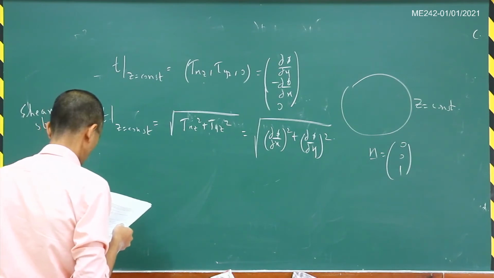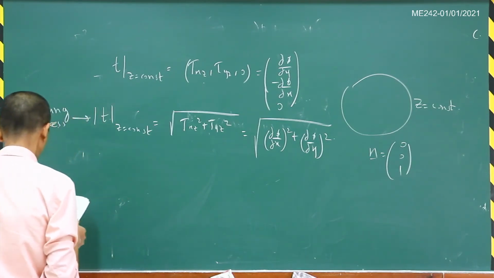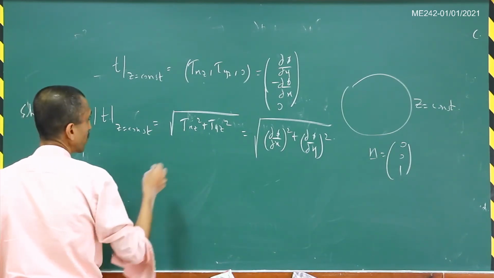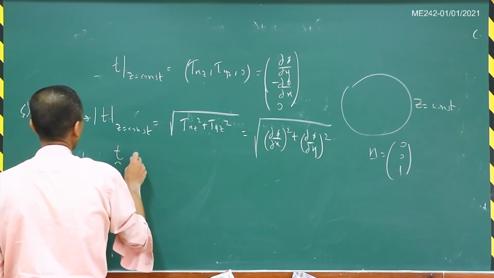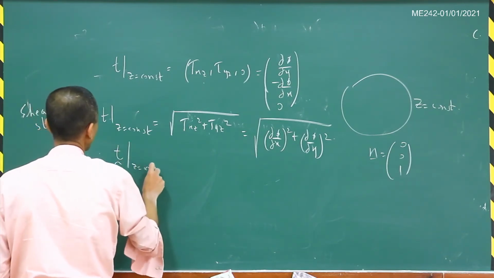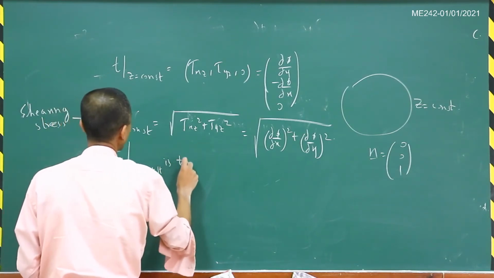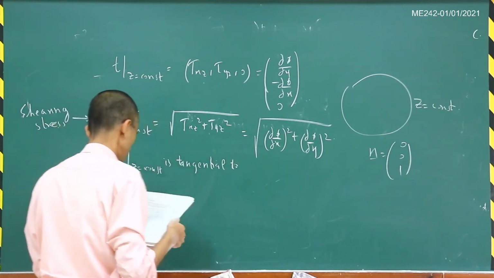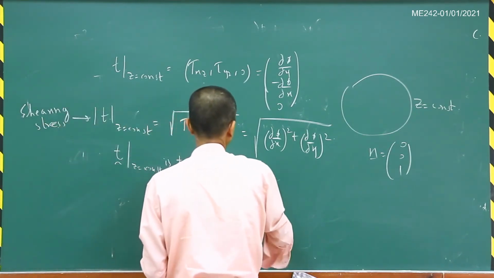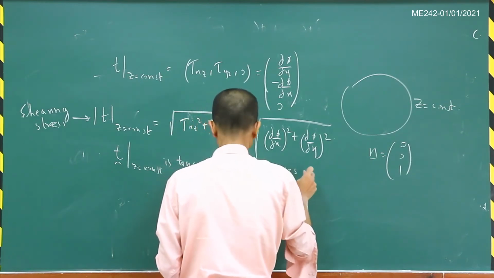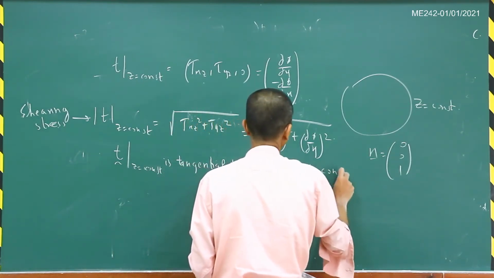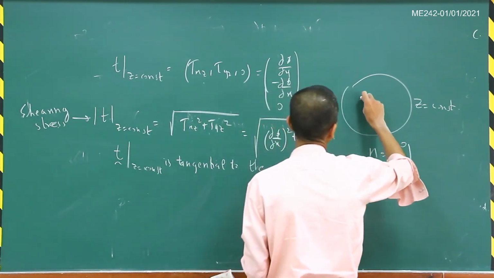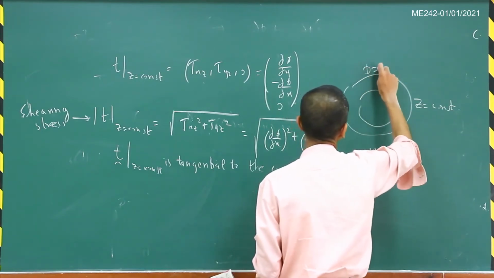Okay, and now this traction vector is tangential to the curves phi equal to constant. So this t on z equal to constant is tangential to the curves phi equal to a constant. So let us see that. Suppose I draw this line here as phi equal to 0.